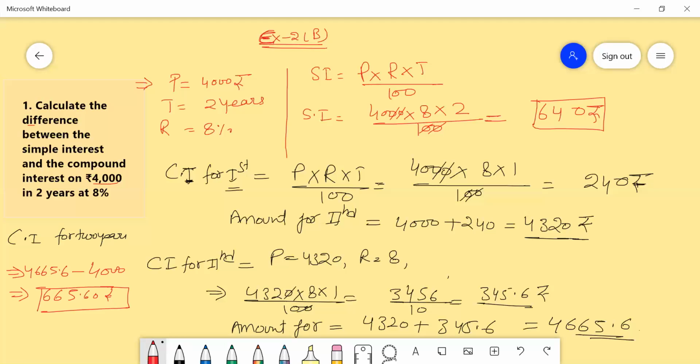Now we have to find the difference between simple and compound interest. Simple is 640.